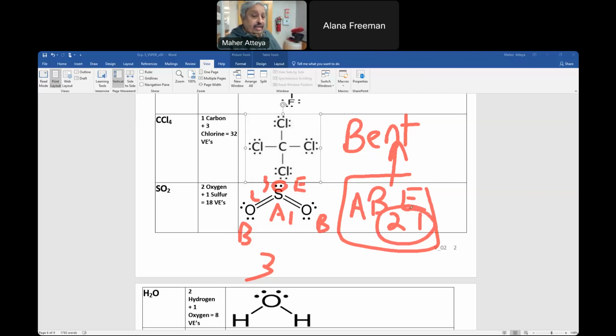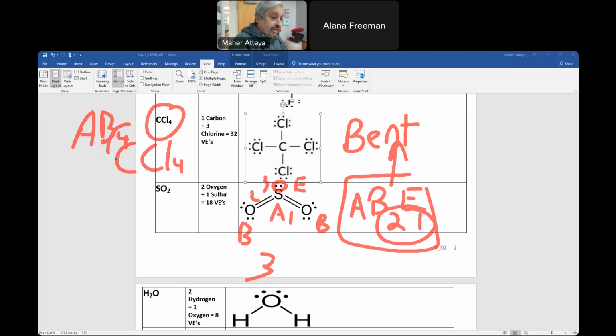Here I have CCl4, AB4, so 4 zones. You just look at the B. If you have an E, you have to add it up as well. So AB2 is bent.